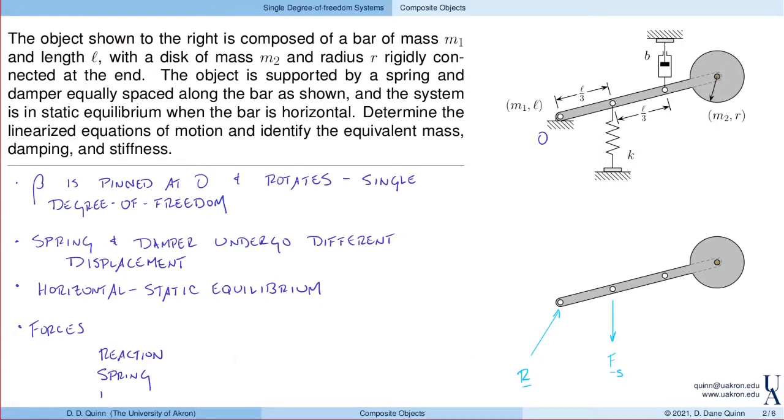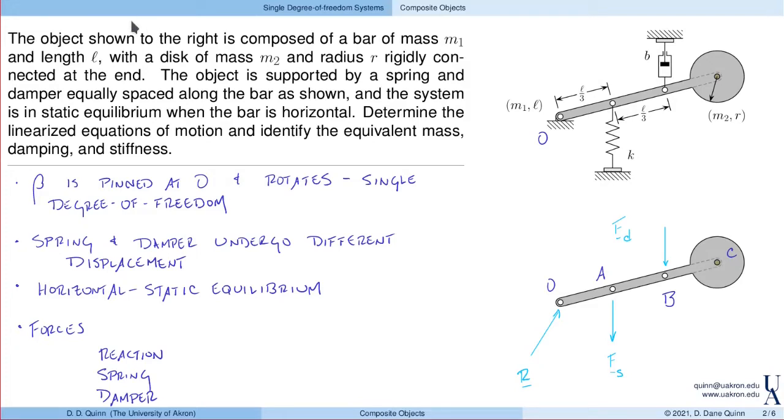Finally, we have a force due to the damper, and for that, we will define it as Fd. Once again, we have three forces. The reaction force acts at point O. The force on the spring will say acts at point A. The damper acts at point B. And then finally, we'll denote the end of the bar where the disc is rigidly welded as point C.